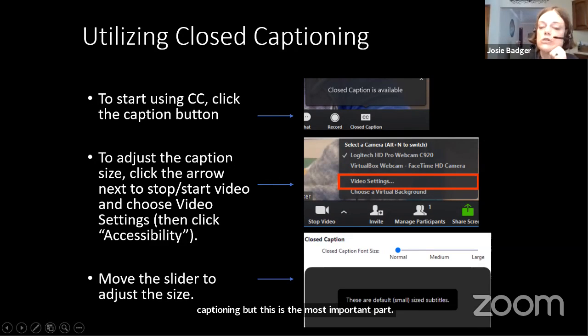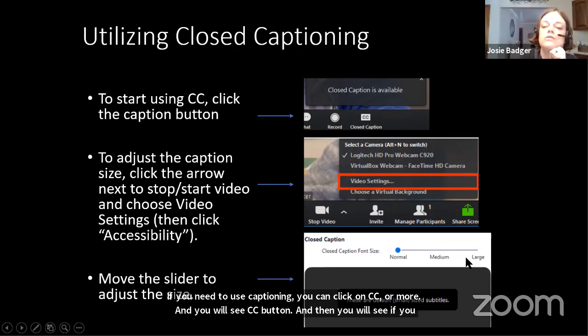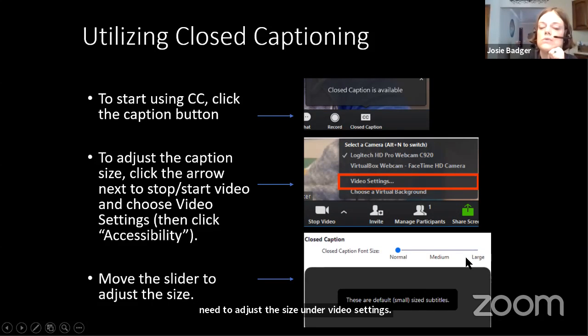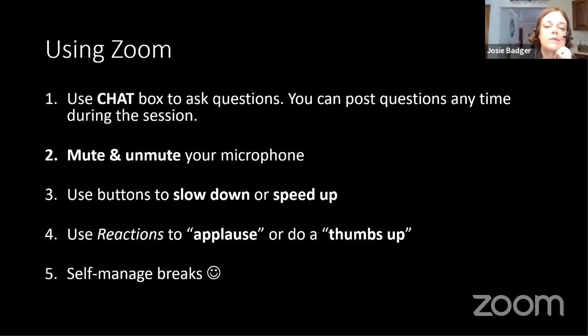Then you'll see if you need to adjust the size, it's under video settings, and there's a slider to make the words bigger or smaller. If any of you have trouble with that, please let me know. But that's the basics on that.